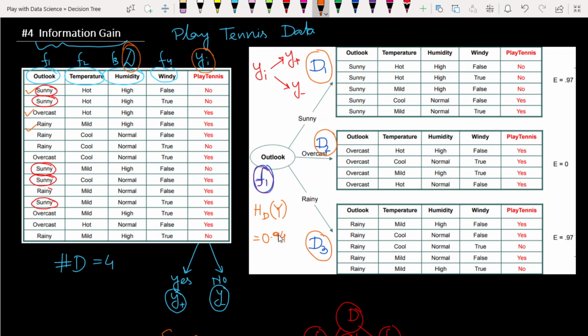If you forget, please go to the previous lecture and you can easily see this value of 0.94. Now we have to calculate the entropy for each partition.